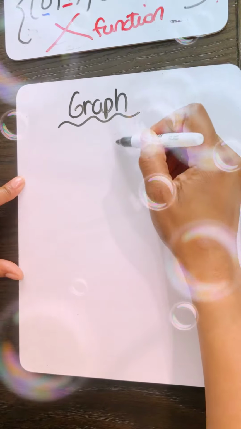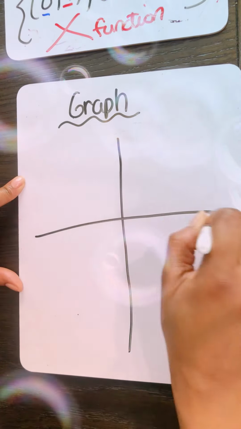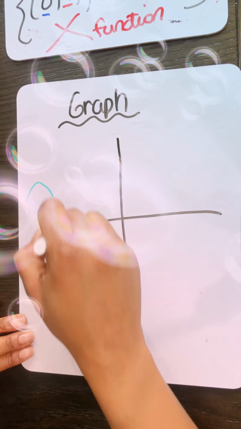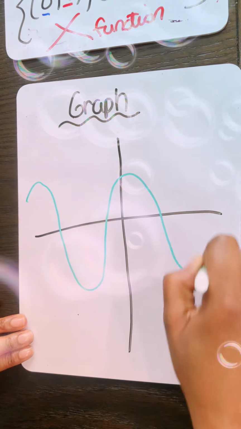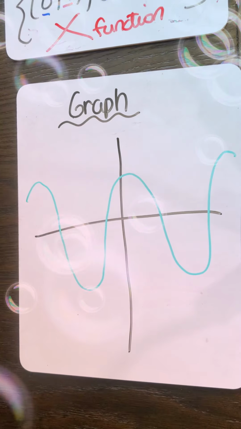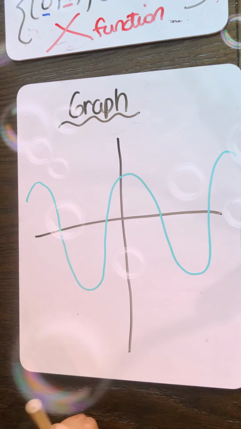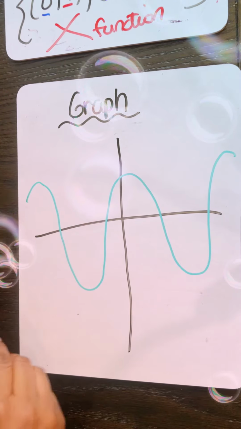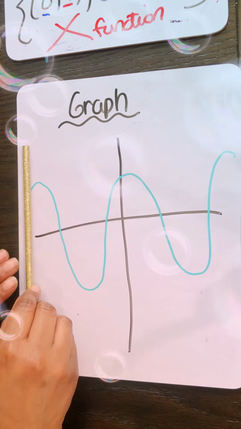So again, let's say I come across a graph that looks like this. In order for me to tell if my graph is a function or not, I'm going to use my vertical line test. This one's a little bit trickier. I want you to pay close attention to my pencil.